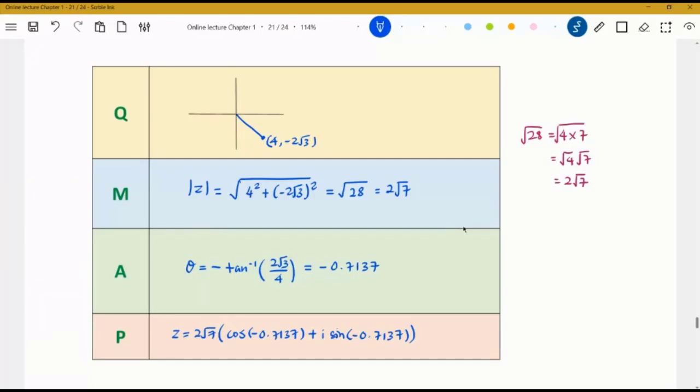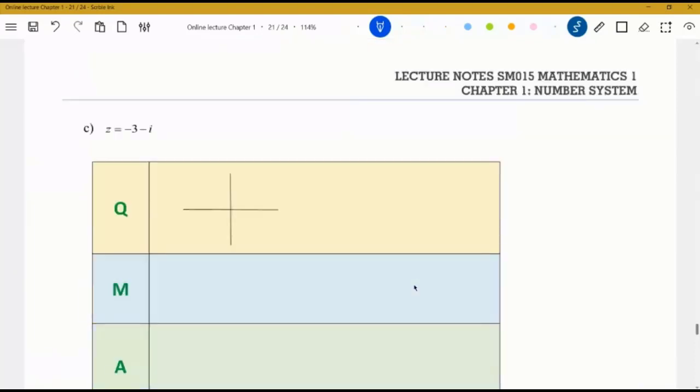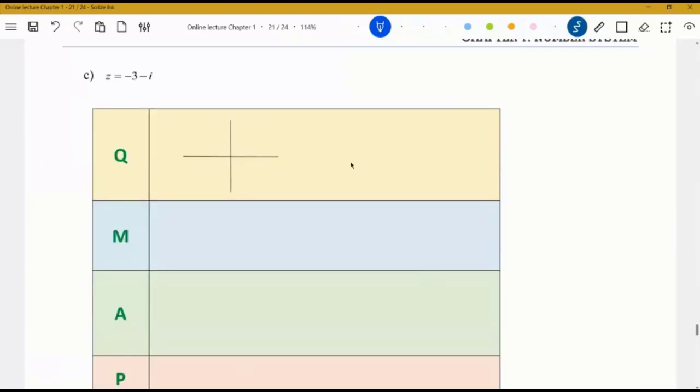So far so good everyone? Can we proceed? Yes. Good. Okay. Alright, so we move to part C, which is we have negative 3 minus I. Okay, so the coordinate will be negative 3 for the real part, the negative 1 for the imaginary part.